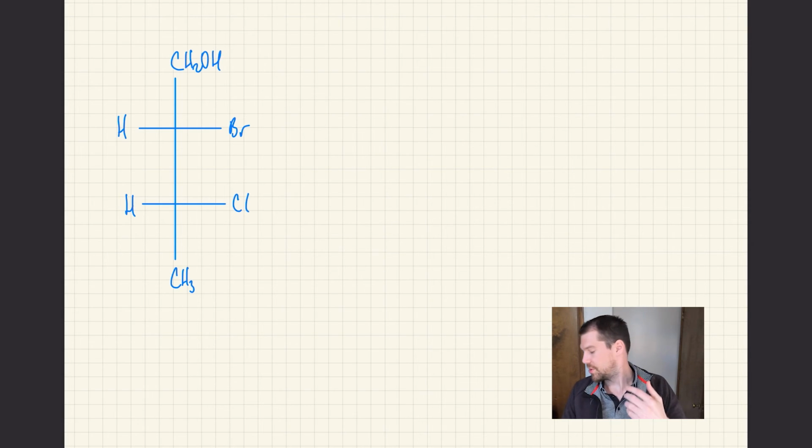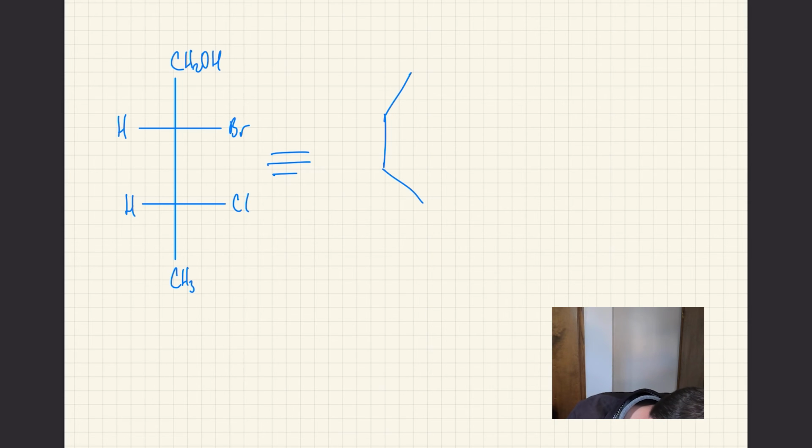Okay, so in this one we have 2 chiral carbons. First thing I'm going to do is just draw that backbone. So I have my 2 carbons of interest. 1, 2, 1, 2 right there. Now I can just say, okay, the top didn't change, CH2OH, bottom didn't change, CH3. And now if I swing it in this direction, I'm swinging it to the left.